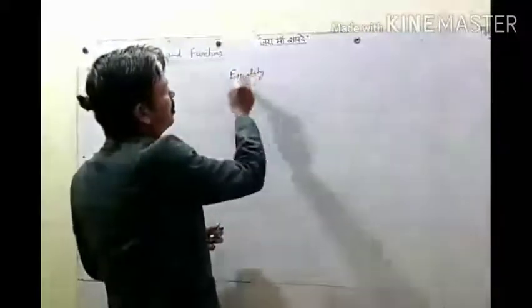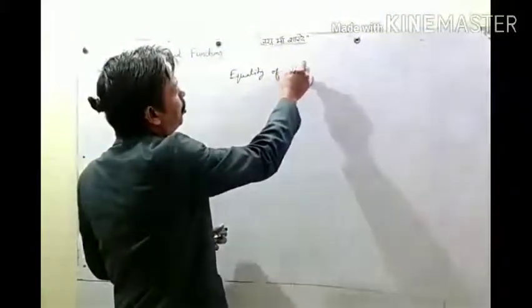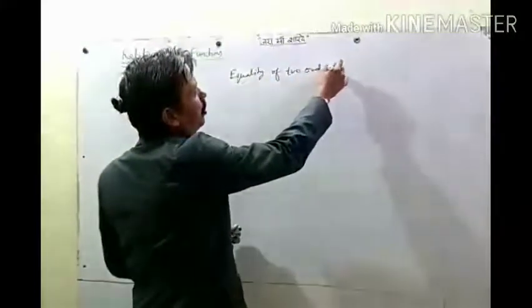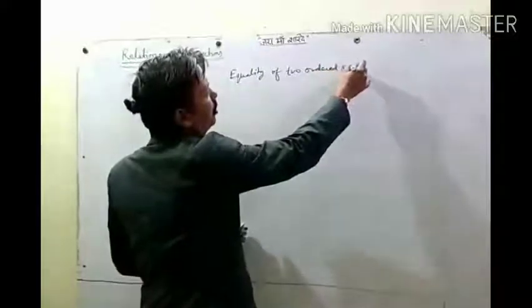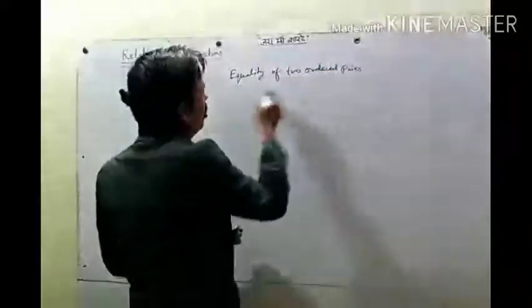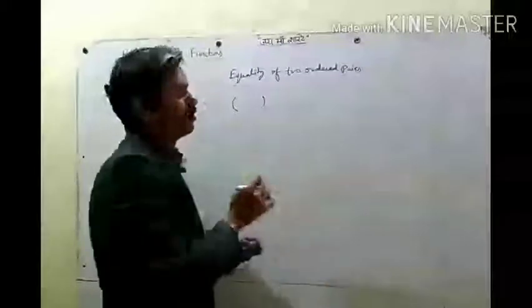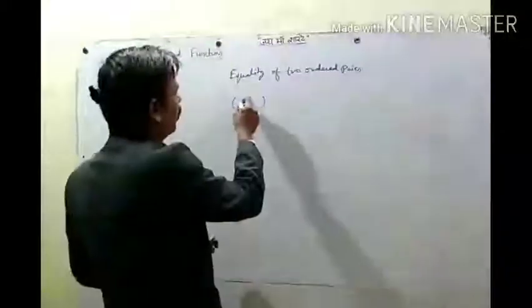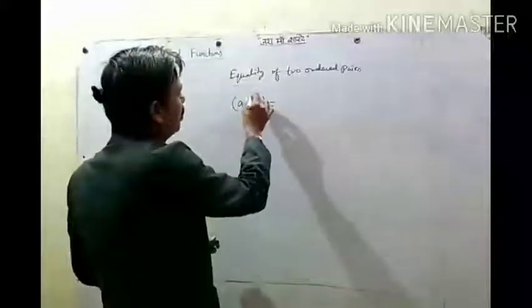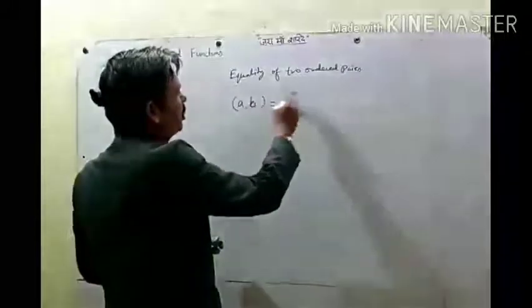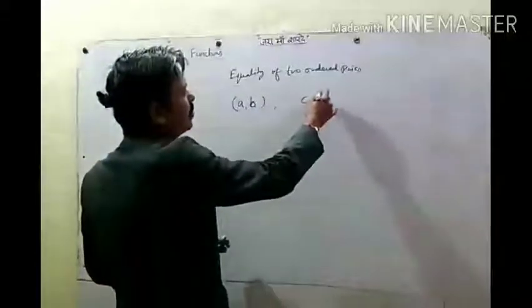Now, equality of two ordered pairs. When will two ordered pairs be equal? Suppose (a, b) is one ordered pair and another pair is (c, d).